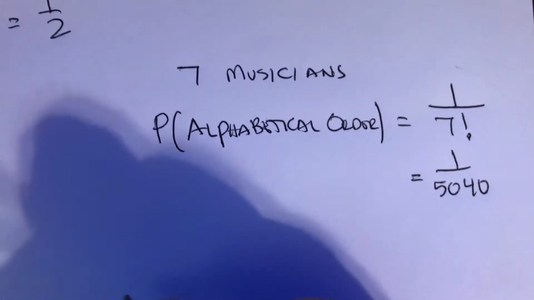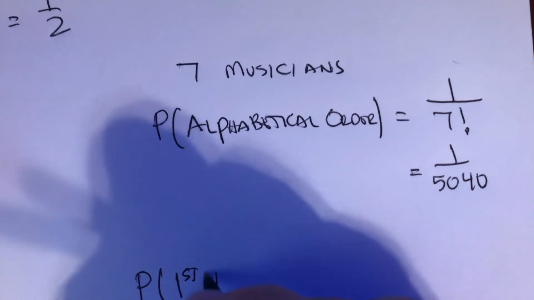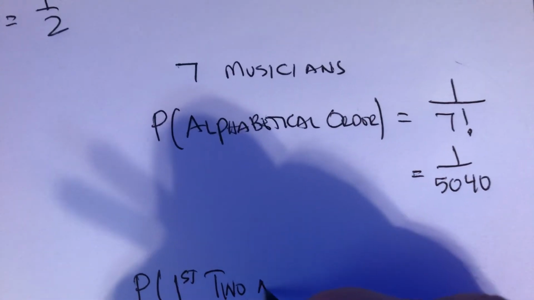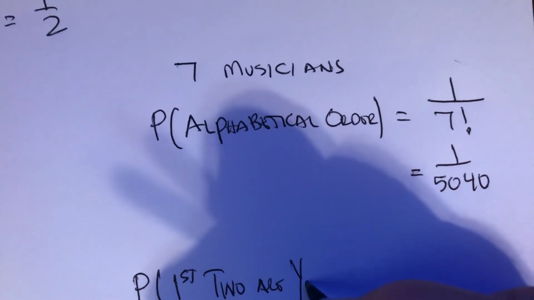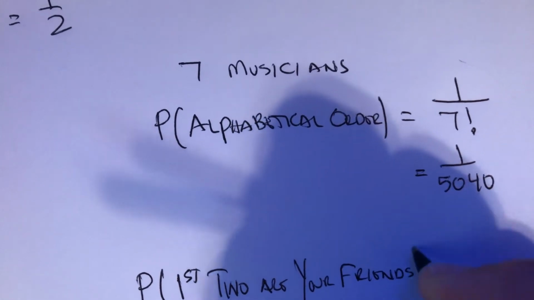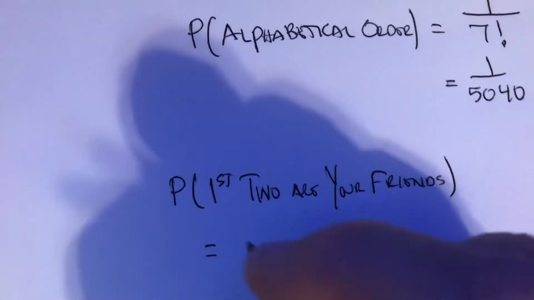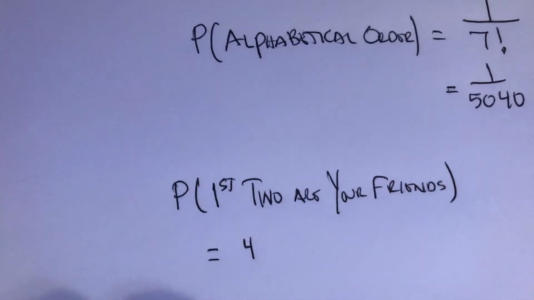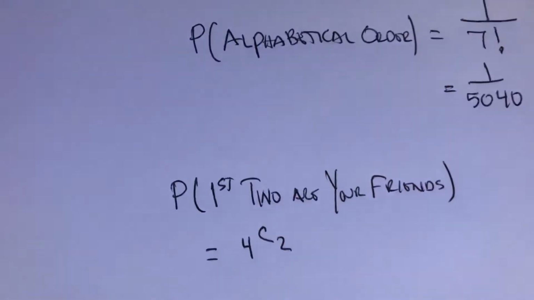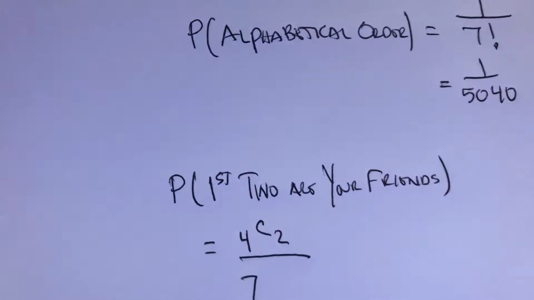Well, you have 4 friends, and 2 of them will be the first 2. There are 7 people total.